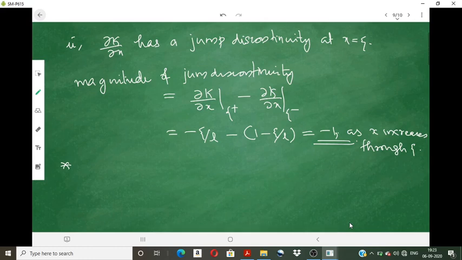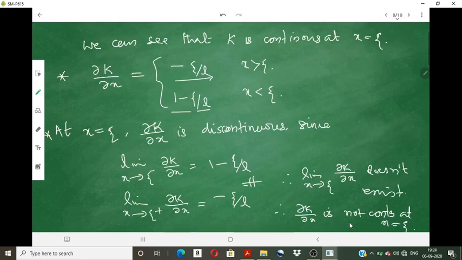And further, we may notice that ∂k/∂x is minus theta by L and 1 minus theta by L in the two regions, and in the two regions there is no function of x.